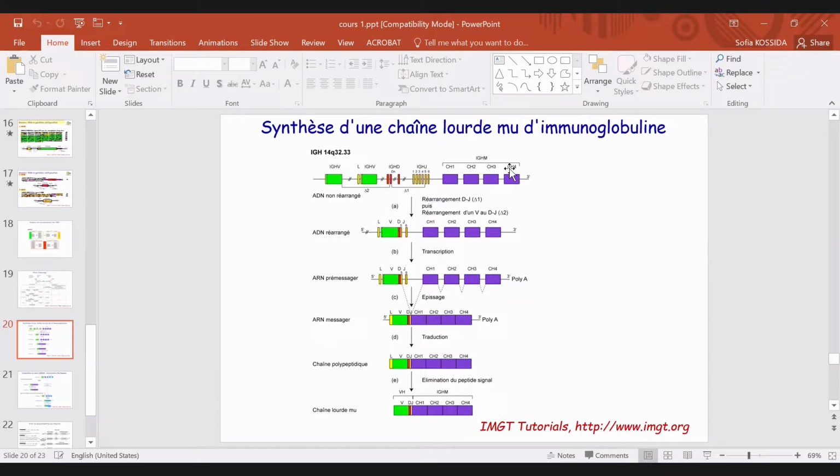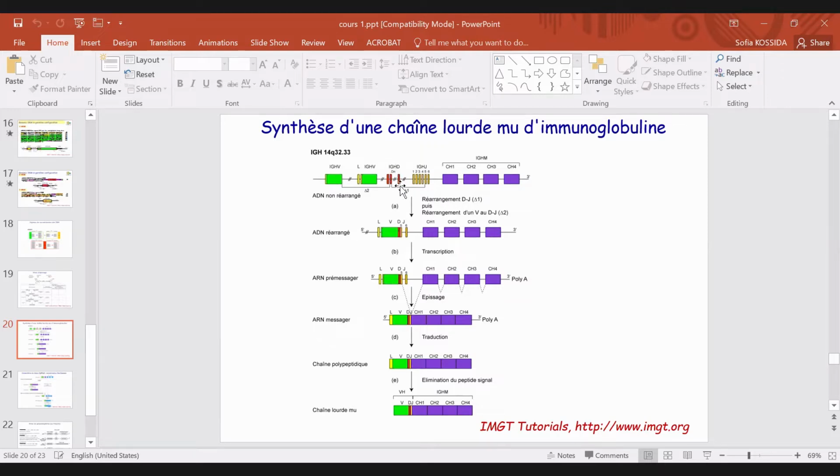I'm not sure if you remember, but we had briefly mentioned that the rearrangement that takes place at first is between the diversity and the joining gene. So you see it here, rearrangement, DJ.